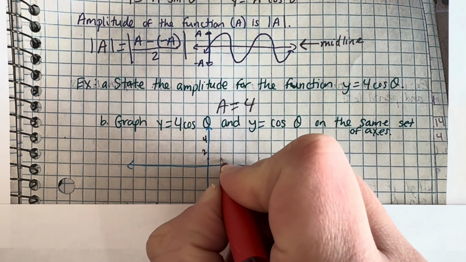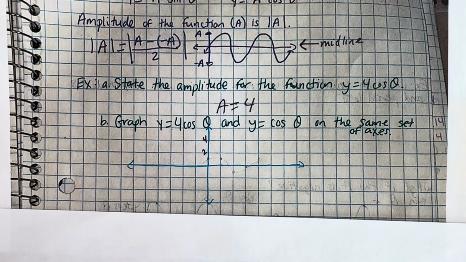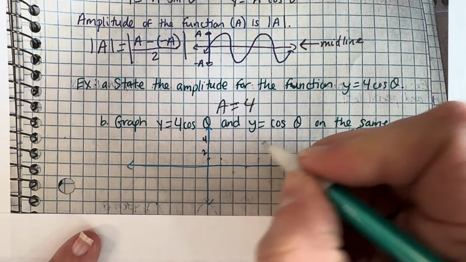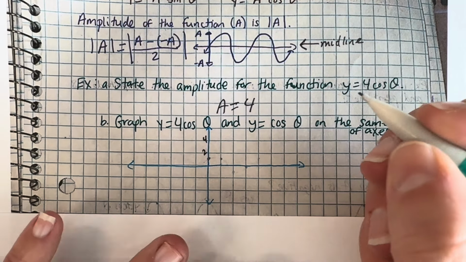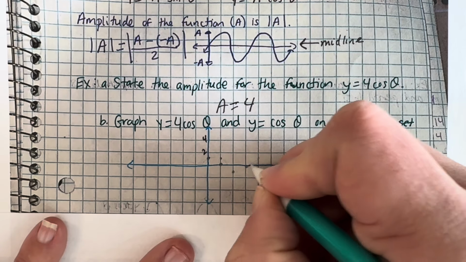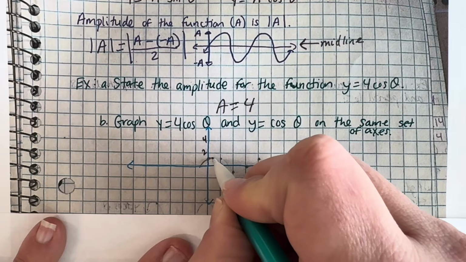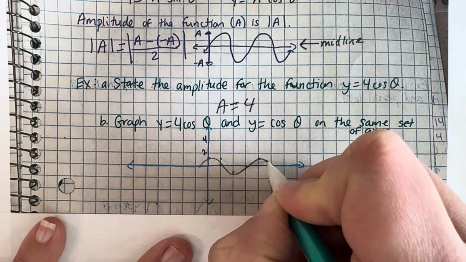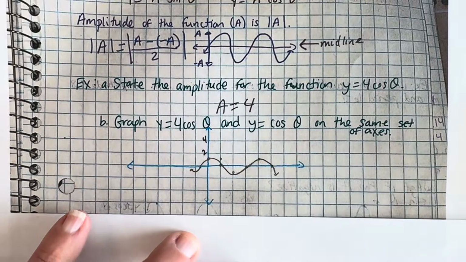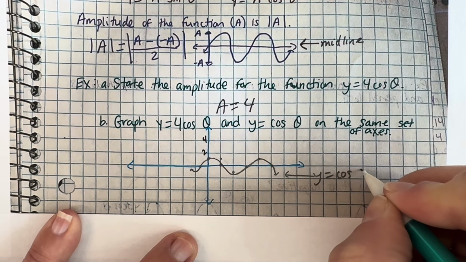Okay, so that's kind of what my cosine is going to be like. So it'll be down, down, halfway mark. Okay, so this is what my cosine of x is going to look like there. So y equals cosine of theta.